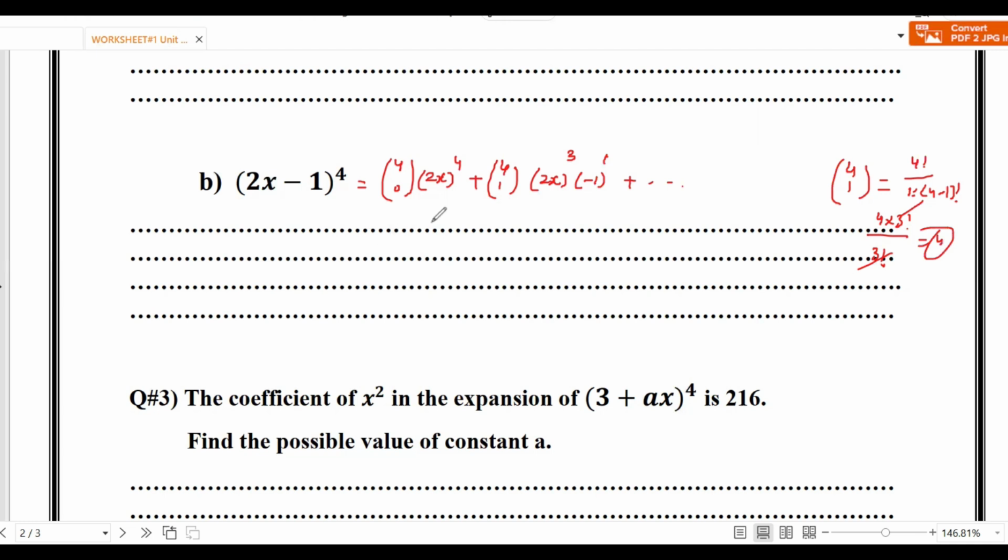So here, if you solve 4 choose 1, and 2x cube, minus 1, this gives me 4 into 2 cube, that means 8x cube, minus 1, which is lastly, you can say, minus 32x cube. So we can say that the coefficient of x cube is negative 32. I hope it is clear.